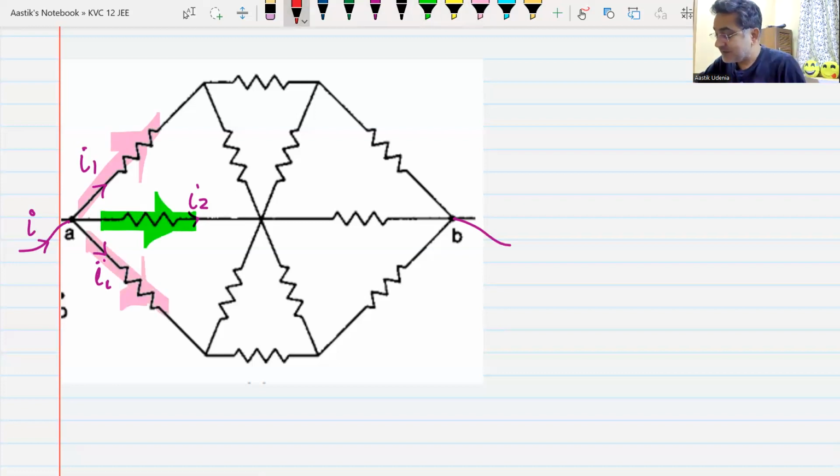Now that brings us to this point A and this point B. Since the current and the resistance are the same, point A and point B will also be at the same potential. Same potential drop will happen, and point A and point B will be the same. Yes or no? Yes, sir.